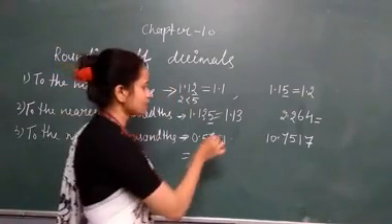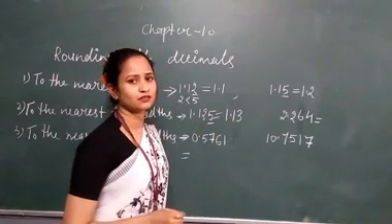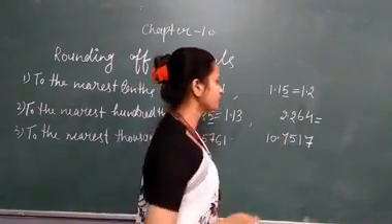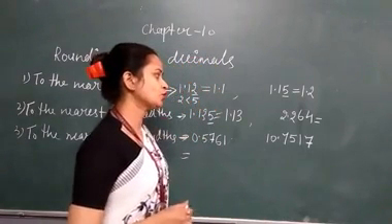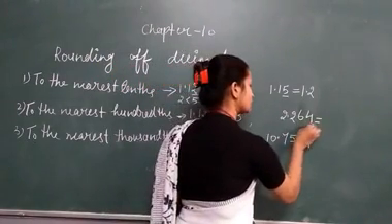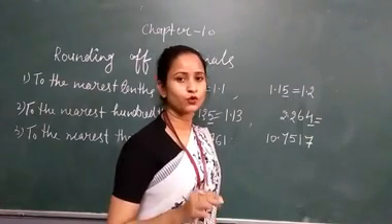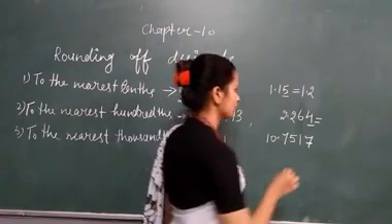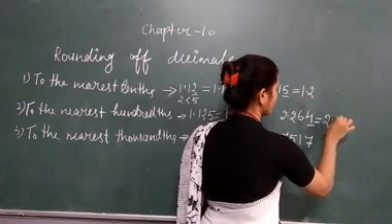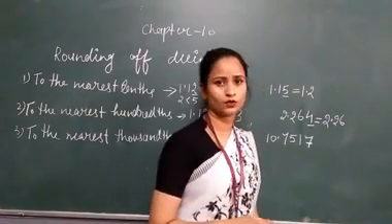I repeat. This one is equal to 1.13. Okay. One more example. 2.264, and the digit in thousands place is 4, which is less than 5. So we will not add 1. So our answer will be 2.26.